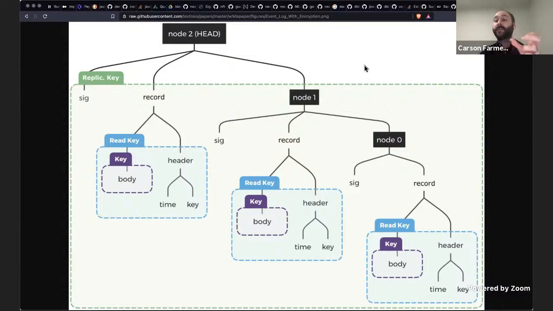But anyway, you can pass off that key to a service provider. That service provider can track log updates over time without being able to access the contents of those log records. So they only need to get one layer deep, so they can follow the hash links, but they can't go any deeper than the read key if they're not given the read key, obviously.